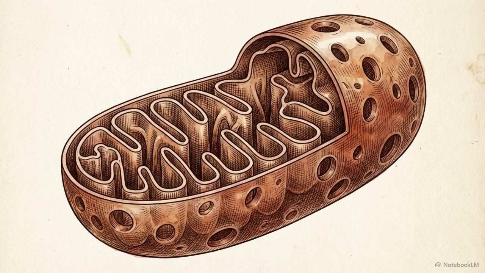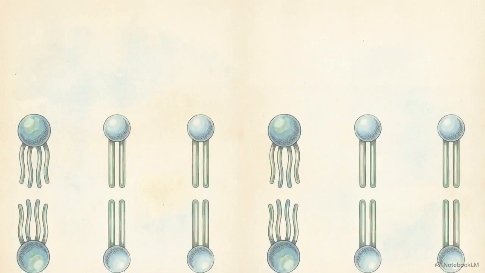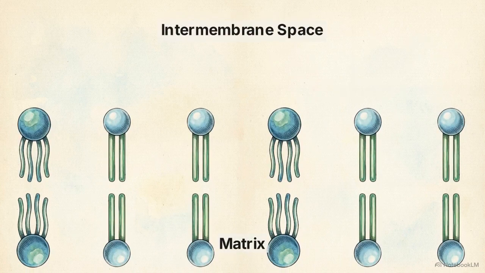This diagram shows a cross-section of that inner membrane. To generate the massive proton motive force required to synthesize ATP, the inner membrane alters its lipid composition. It contains high levels of cardiolipin and entirely lacks cholesterol, resulting in extreme impermeability to protons.